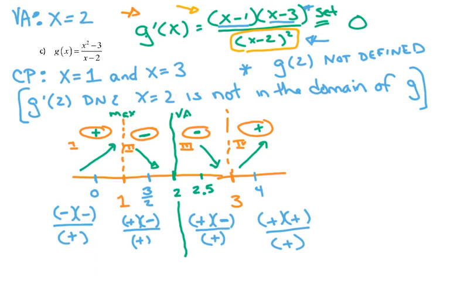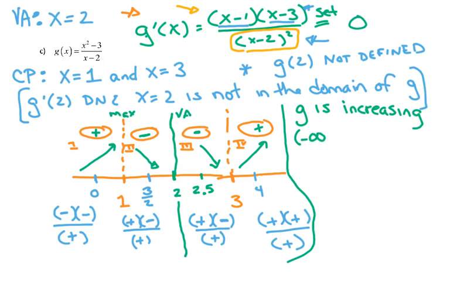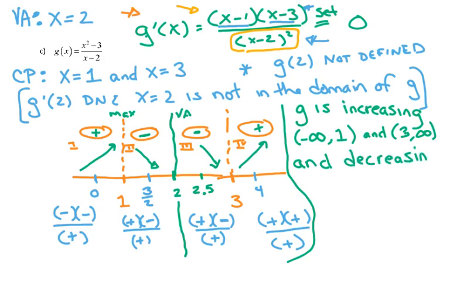What do we know about g in terms of increasing and decreasing? g is increasing from negative infinity to 1 and 3 to infinity, and decreasing from 1 to 2 and 2 to 3.